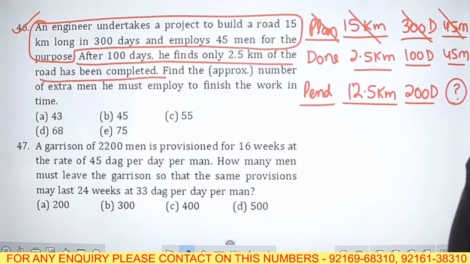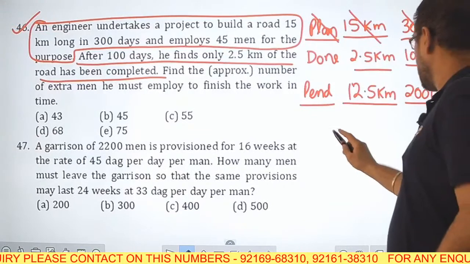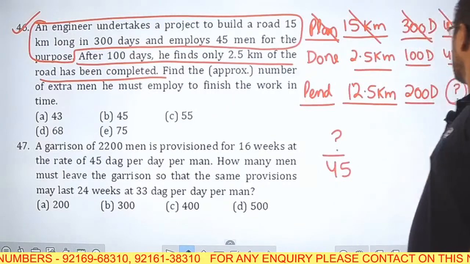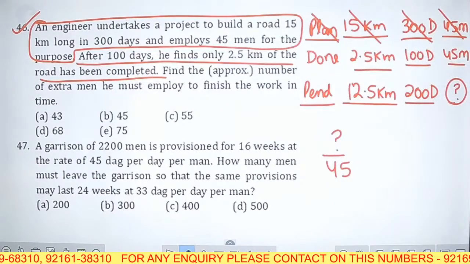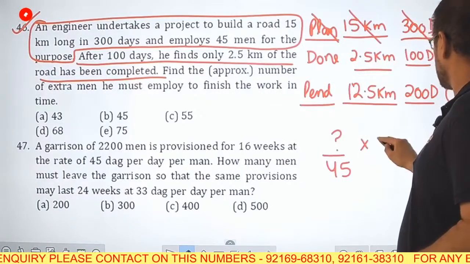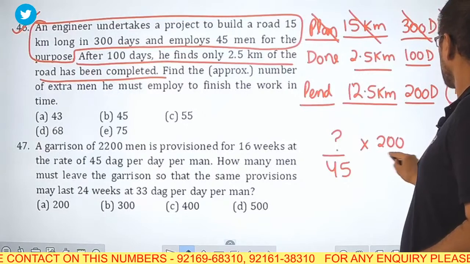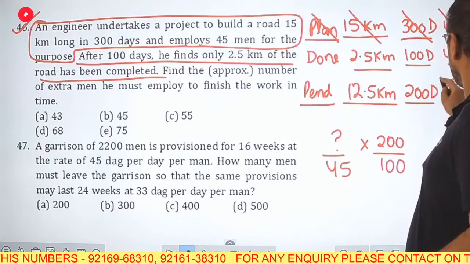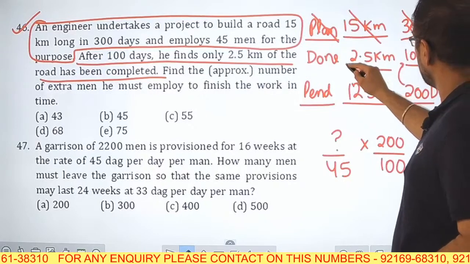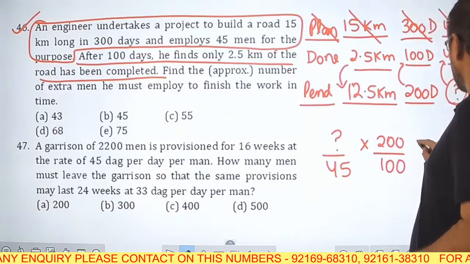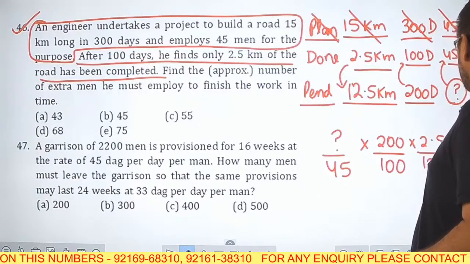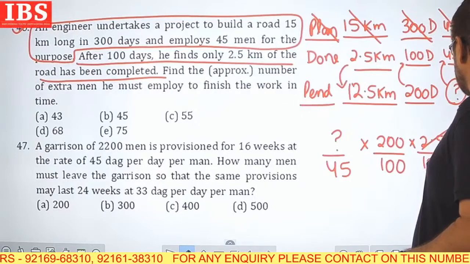Now the number of men here and here, we can divide them. Question mark, this is pending, divided by 45, and here it is 200 days, this is 100. We divide this to this, this to this, and the work will be inverted. That means this to this, inverted will be 2.5 in the numerator and 12.5 in the denominator. So this is 5 times.